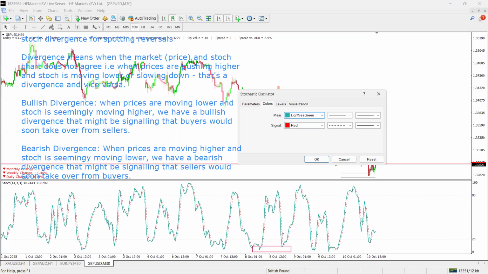The main line is the green one, the red line is the signal line. If the green line moves above the red, that is the main line going above the red, that's a bullish confirmation trade for a buy. If the main line, which is the green, goes below the red line, that's a bearish confirmation trade for a sell. But you can use whatever color you want. The ball is in your court.